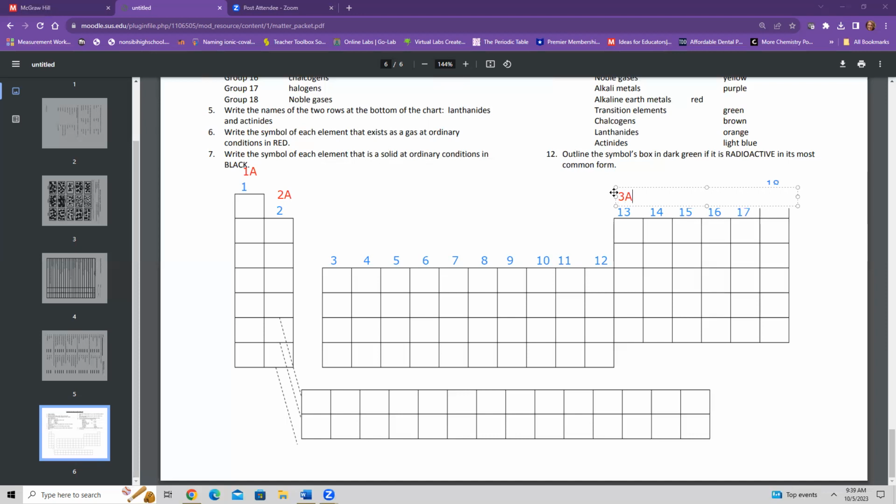So 3A. And again, 4A, 6A, and then of course up here it's 8A.